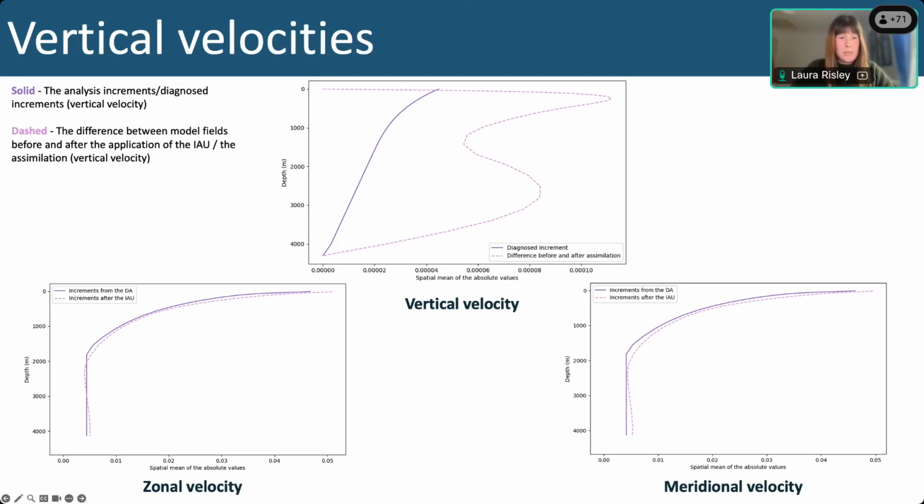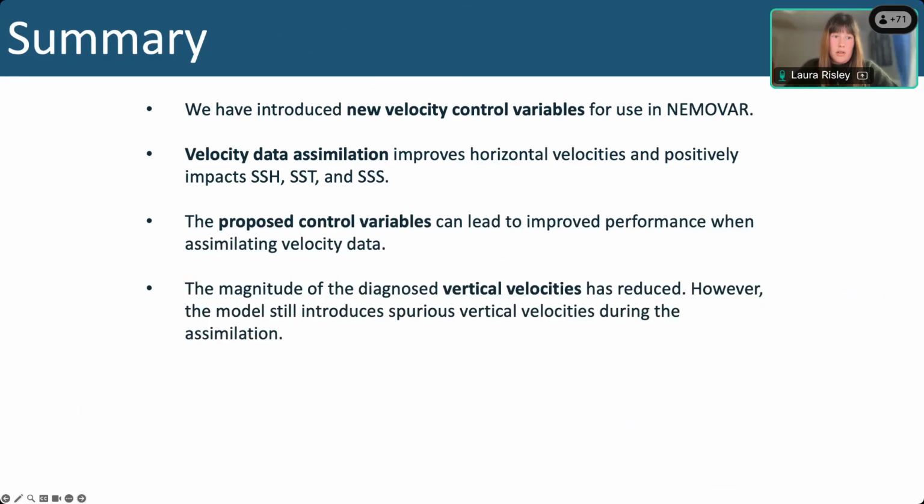These increments are very similar in magnitude. So it highlights that the model is really causing these inflated vertical velocity magnitudes.